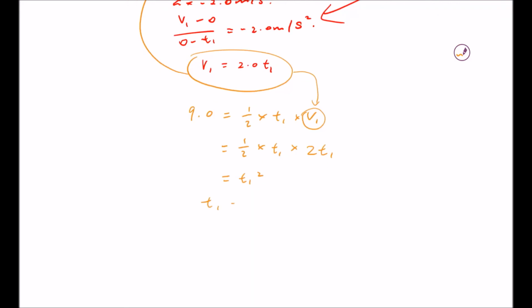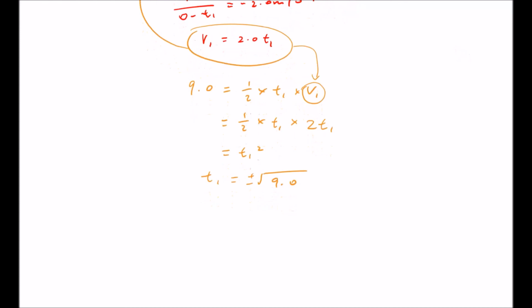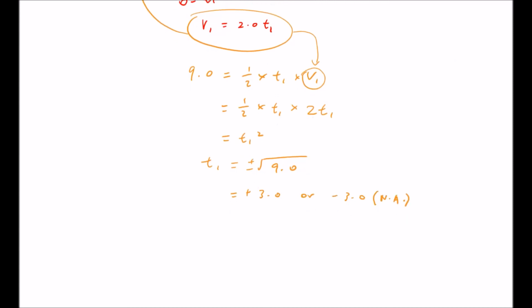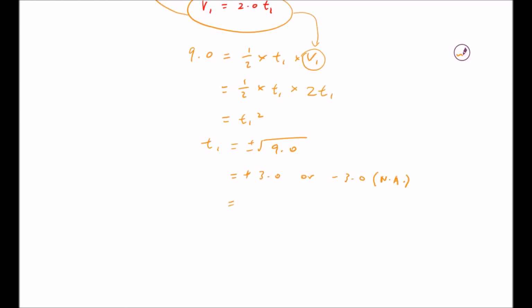So t1 is equal to plus or minus the square root of 9.0, which is plus 3.0 or minus 3.0. The negative is not applicable because we are talking about time, so time cannot go negative. t1 is just 3.0 seconds. So that's the answer.